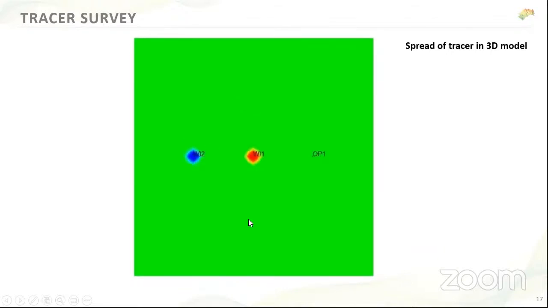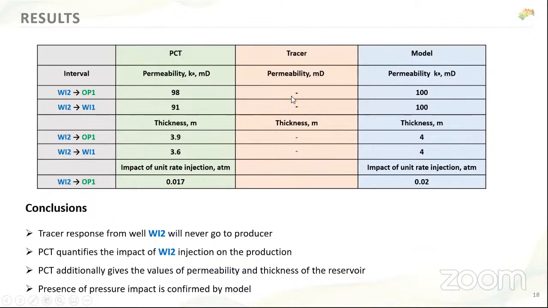And in reality, of course, there is a connection. So if we assume that our generator is well injector 2, tracer would show no connection between them because we'll never get the tracers go from the farthest injector due to the presence of the nearest injector.